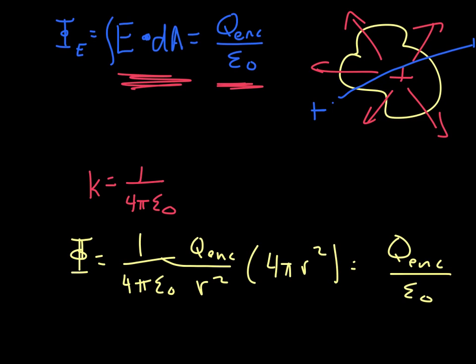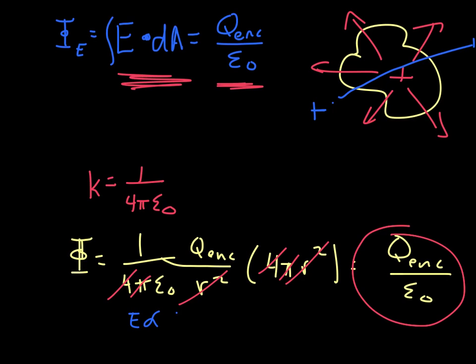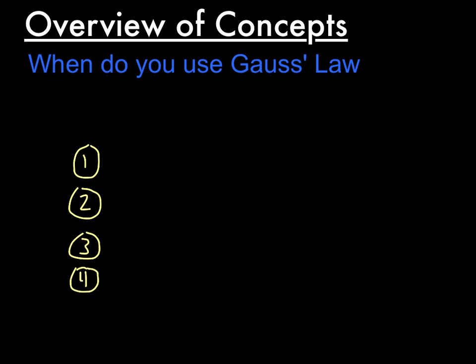If we write out the electric field and the area of a sphere, 4 pi cancels, r squareds cancel, and you're left with just Q enclosed over epsilon naught, because the electric field is proportional to 1 over r squared, and then area increases as r squared. So the growth in the area cancels out the falloff of the electric field.